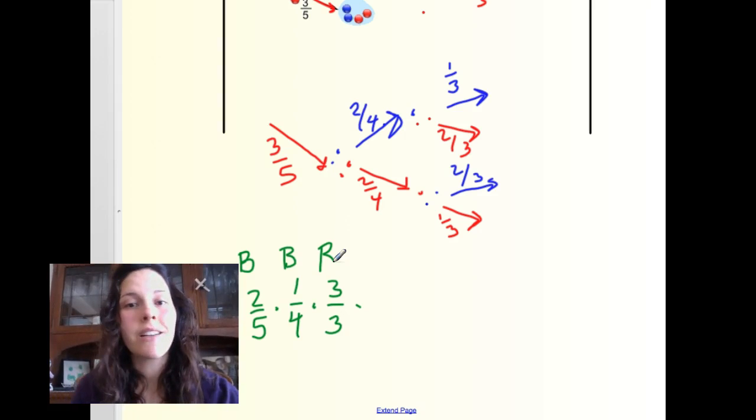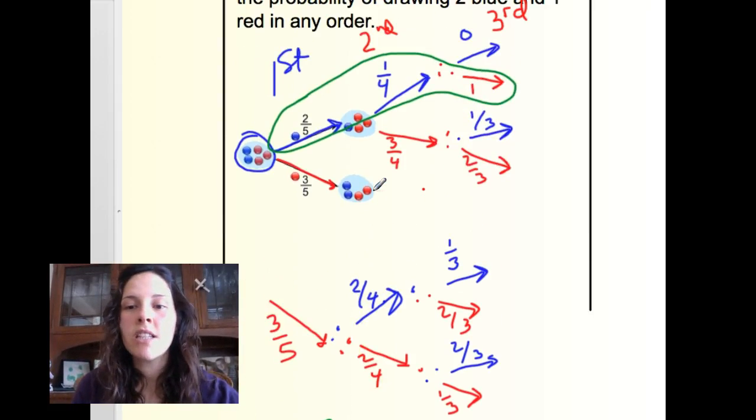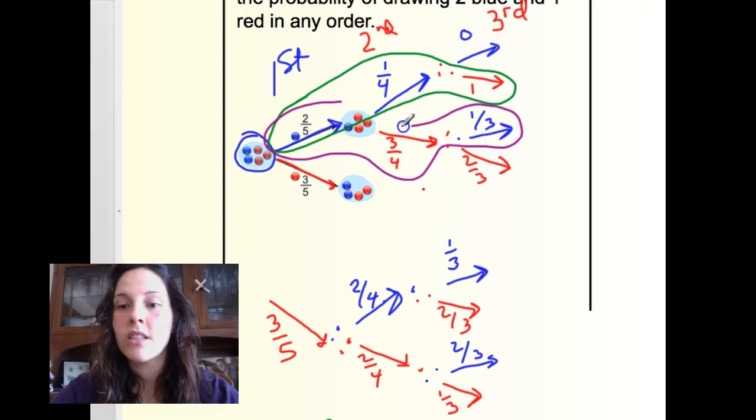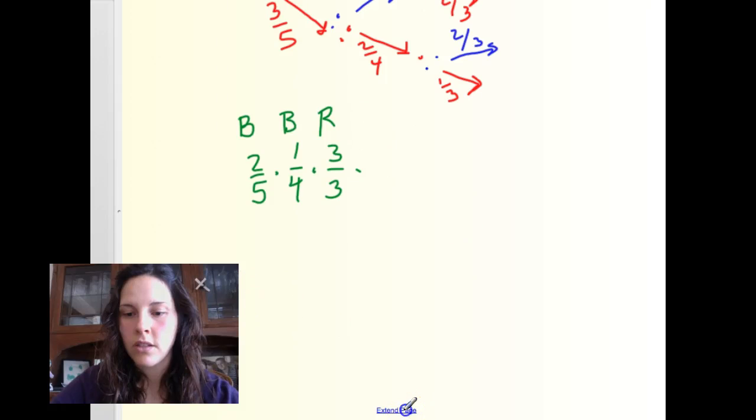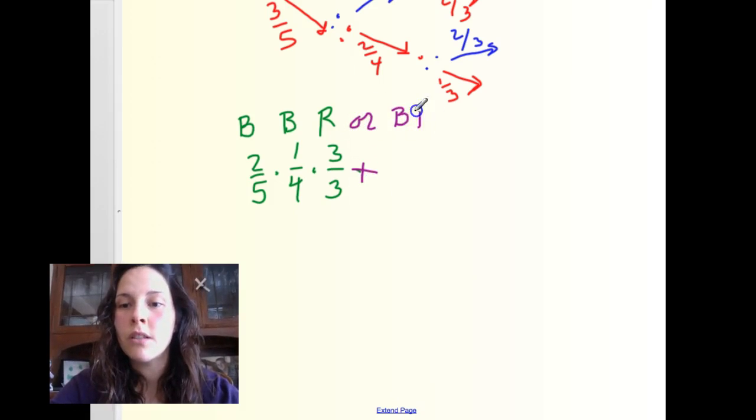And I'm actually combining this with the "or" probability because then we're looking at what's the probability that we pulled blue, then red, then blue. That's still 2 blues and 1 red. It's just in a different order. So 2/5, 3/4, 1/3. And because this is "or" now, we're adding the probabilities together.